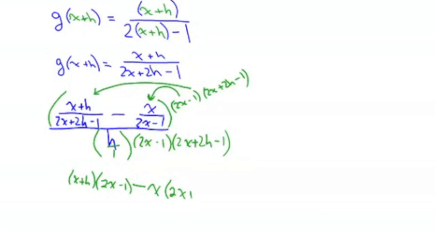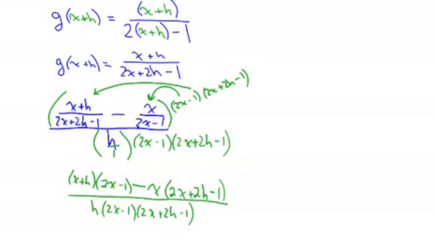All over the bottom. The bottom is actually worse than the top, but at least you just have to copy it. Nothing cancels in the bottom. You're left with h times 2x minus 1 times 2x plus 2h minus 1. All right. What can I do with that?